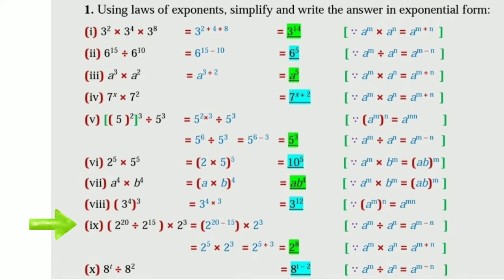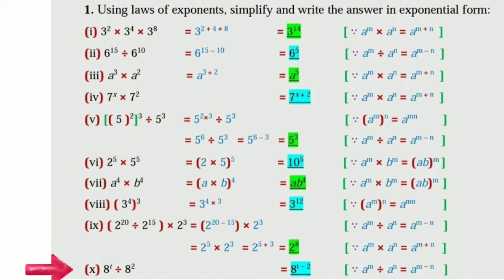Here the formula used is a raised to m divided by a raised to n is equal to a raised to m minus n. Now the answer is 2 raised to 5 into 2 raised to 3. Now here we have to use a different formula, that is 2 raised to 5 plus 3 is equal to 2 raised to 8. The formula used is a raised to m into a raised to n is equal to a raised to m plus n.